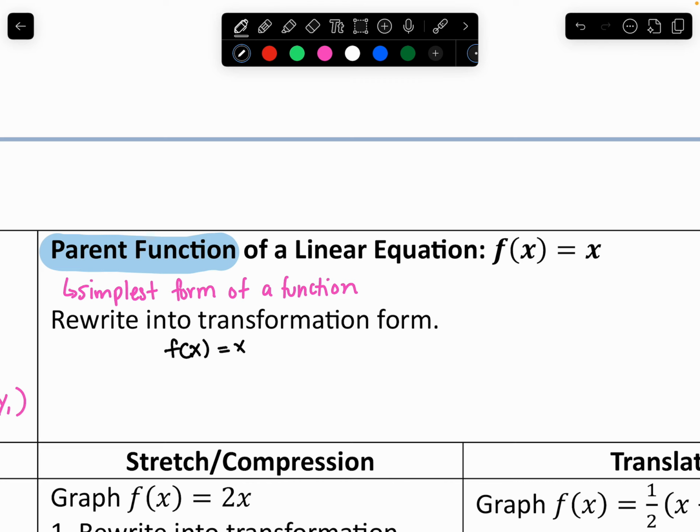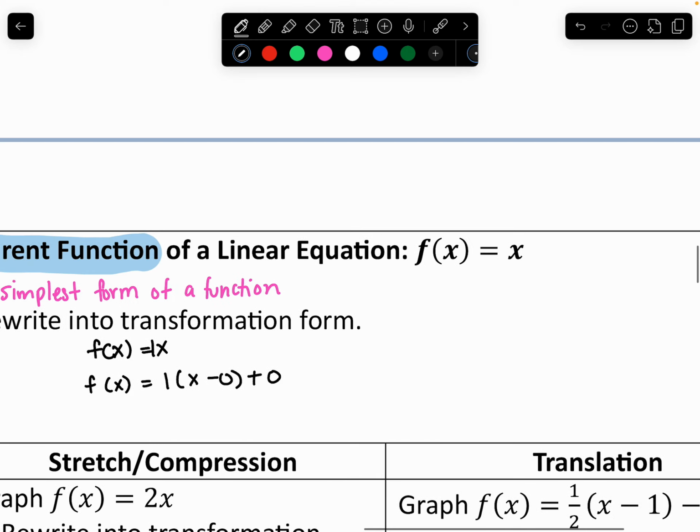So we have f of x equals x. Now how do I write it in transformation form? So we know we have that 1 in the front. So our a would be 1, x minus 0 plus 0. So how do I know this?